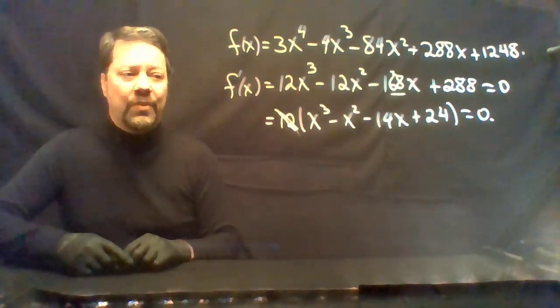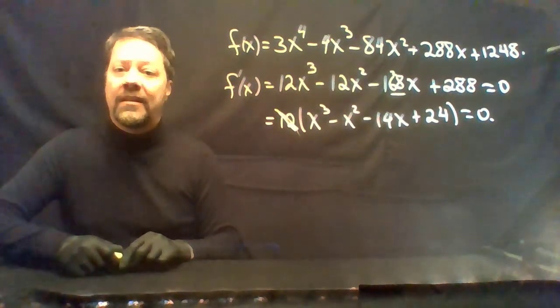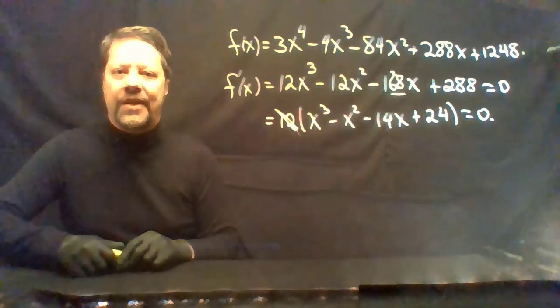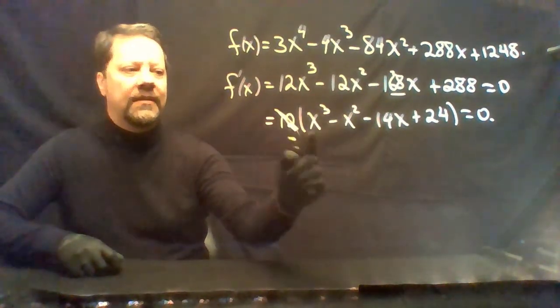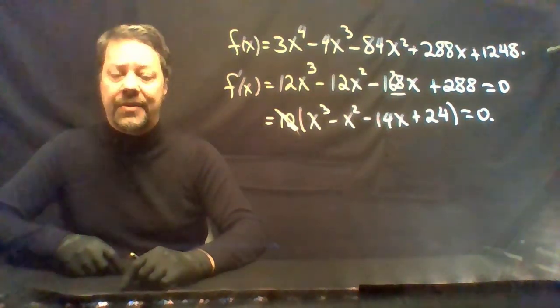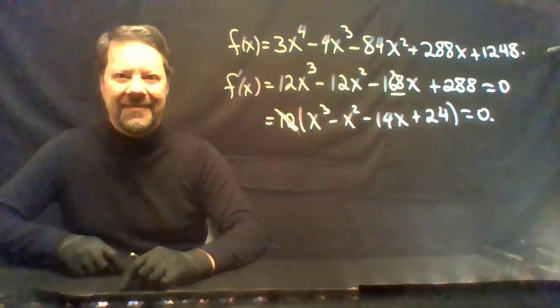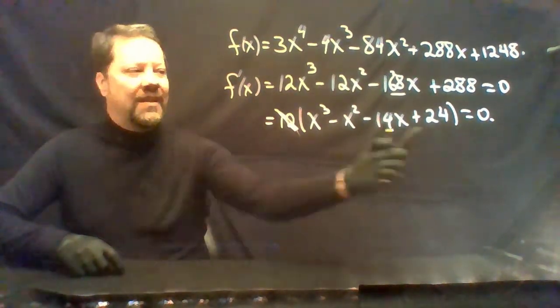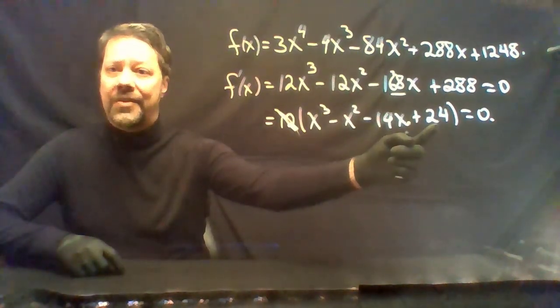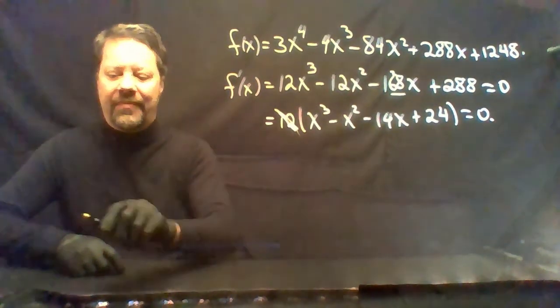Now, the rational root theorem says that all possible rational roots will be divisors of the constant term divided by plus or minus divisors of the leading coefficient. In our case, the leading coefficient is 1. So it's going to be plus or minus the divisors of the constant term for us.